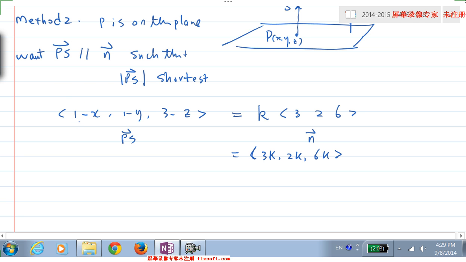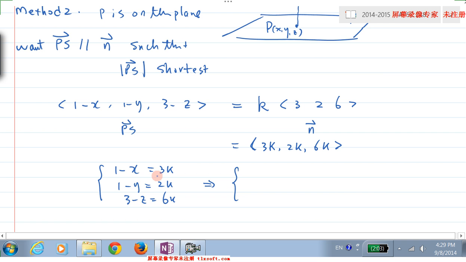So we end up with three equations: 1 minus x equals 3k, 1 minus y equals 2k, and 3 minus z equals 6k. If I rearrange this slightly, I get x equals 1 minus 3k, y equals 1 minus 2k, and z equals 3 minus 6k. Make sense?